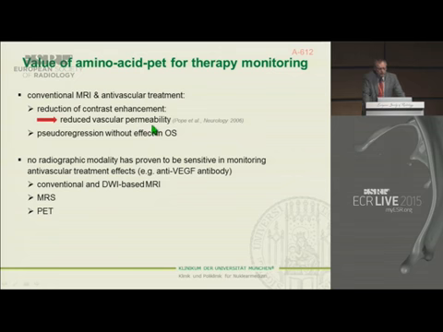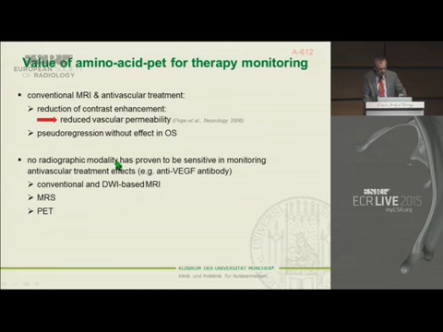Therapy monitoring is the biggest challenge in the workup and follow-up of brain tumor patients. The problem is especially the antivascular treatment, since you have a reduced vascular permeability and a reduction of contrast enhancement, and you can have the phenomenon of pseudo-regression without an effect on overall survival.